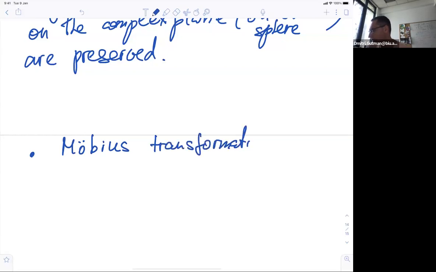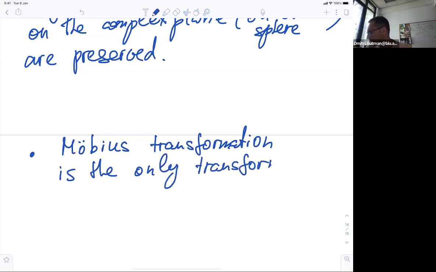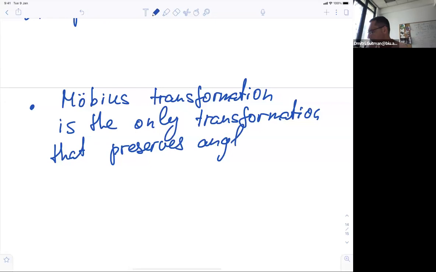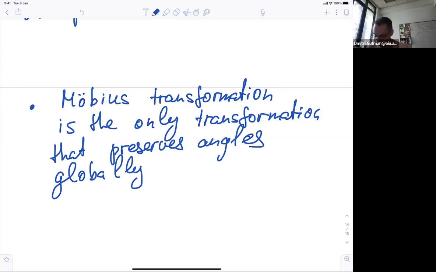I'm not proving it, I'm just saying it: it is the only transformation that preserves angles globally, meaning everywhere on the complex plane or on the Riemann sphere.